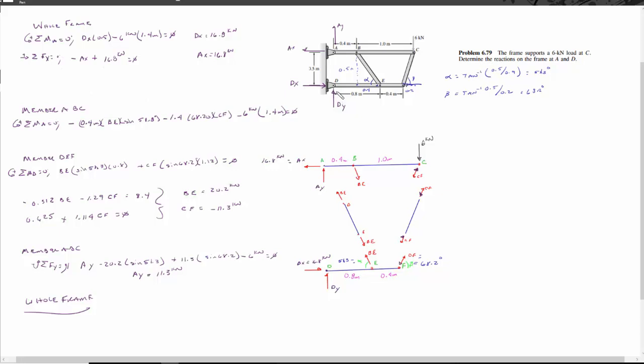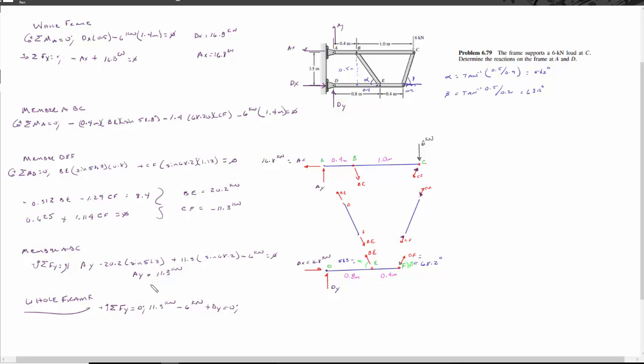If I go back to my whole frame, I just calculated AY, I need DY, and then I have this external force of 6 kilonewtons. So I sum my forces in the Y. I have 11.3 kilonewtons, positive, going up, minus 6 kilonewtons, plus DY, all equal to 0.